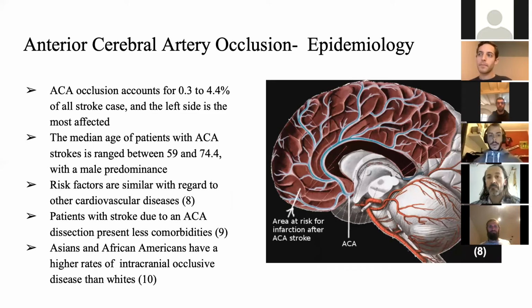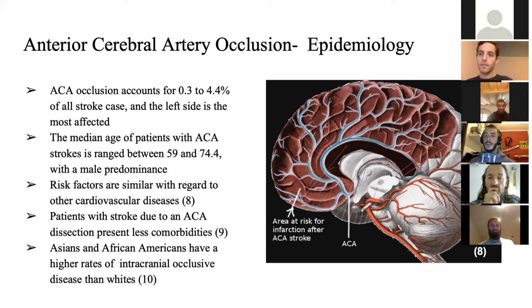Based on different studies, anterior cerebral artery occlusion accounts for 0.3 to 4.4% of all stroke cases, and ACA strokes are more common on the left side, so the infarcts involving this area are quite uncommon. The median age of patients with ACA stroke ranges between 59 and 74 years, with a male predominance.